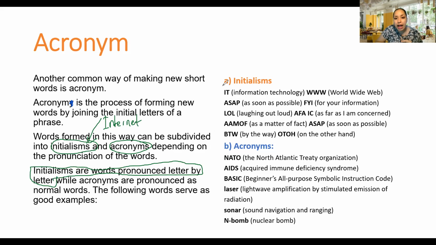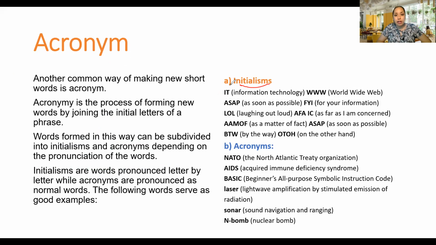So for example, IT is not pronounced "it," like the pronoun, a thing. But I-T, which stands for information technology. So pay attention to that, because an initialism should be pronounced letter by letter.